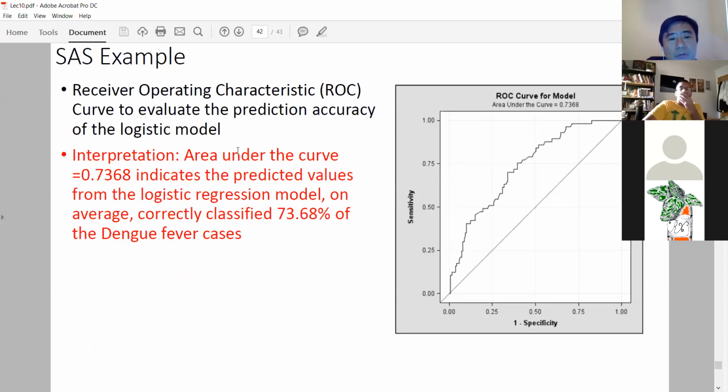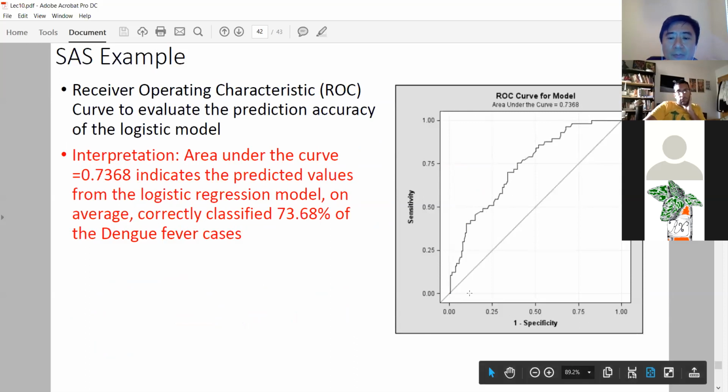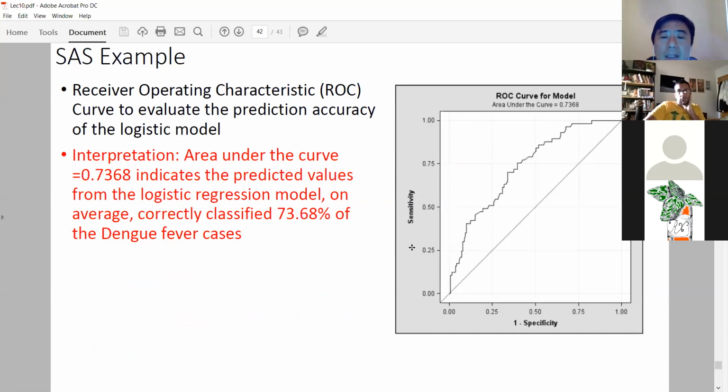One thing I want you to know is how to interpret the area under the curve of the ROC curve. So this is the ROC curve for the model. That's the sensitivity over specificity. And sensitivity is defined as the probability that the model specifies this as a case, conditional on it being a real case.